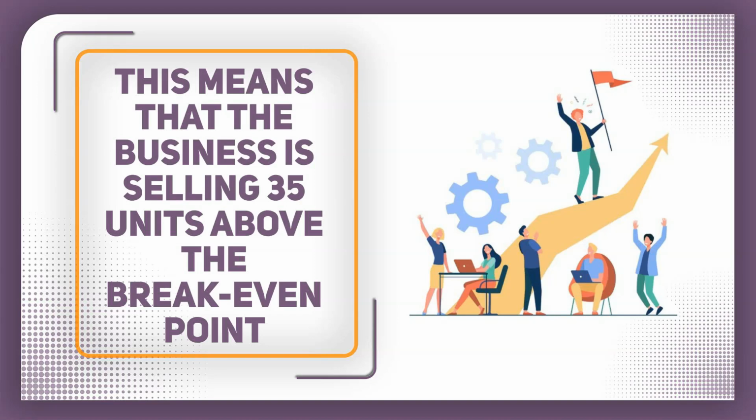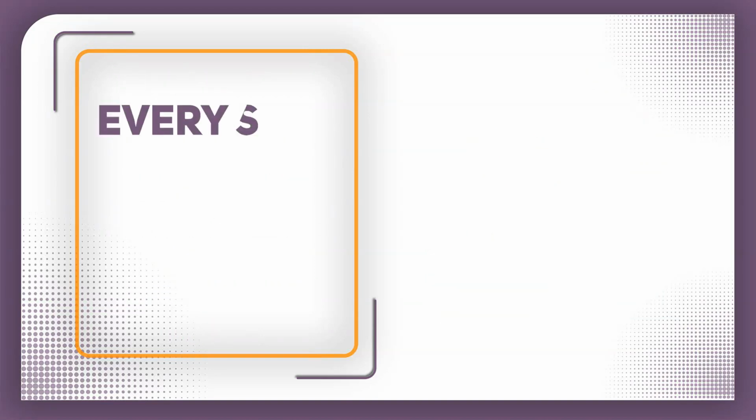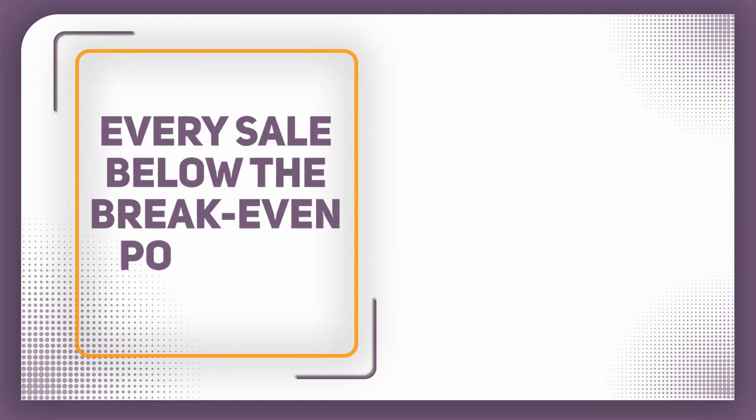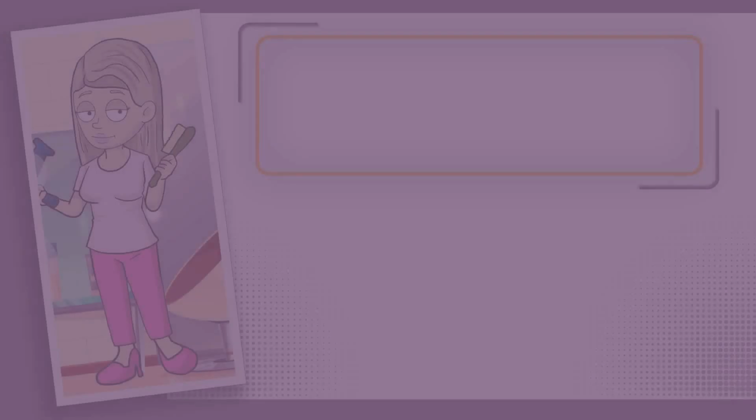It's pretty simple. The break-even tells us how many items a business has to sell to get to the point where costs and revenue will be equal, where it's made nothing. Every sale past the break-even point is profit, and every sale below the break-even point is a loss.